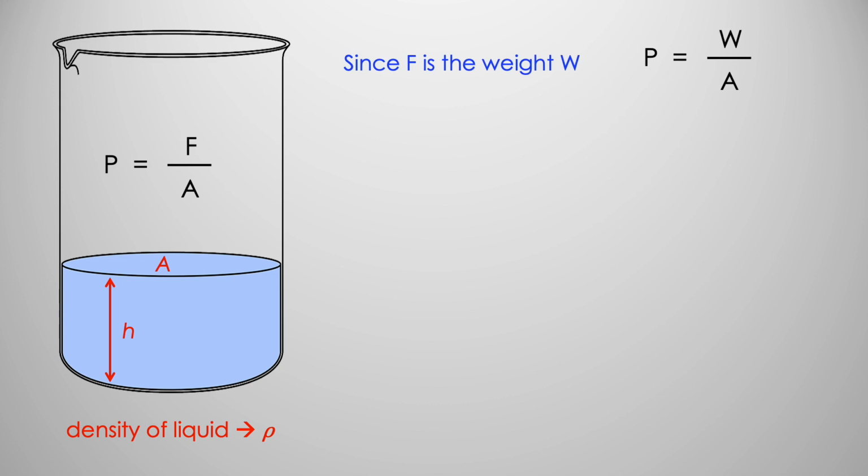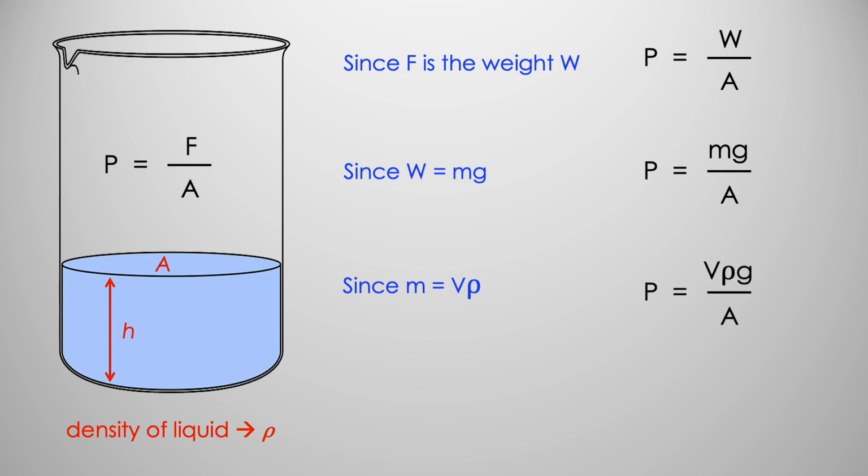Now we know that the weight W is equal to the mass of the liquid m multiplied by the acceleration due to gravity g. Hence, the pressure P becomes P equals mg upon A. However, the mass m is equal to the volume into density, and hence we get P equals V rho g upon A, where V is the volume of the liquid.